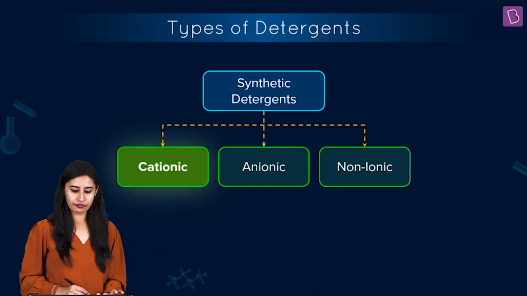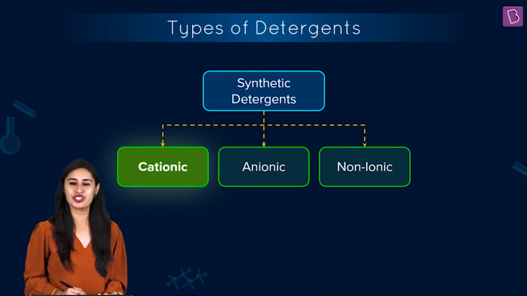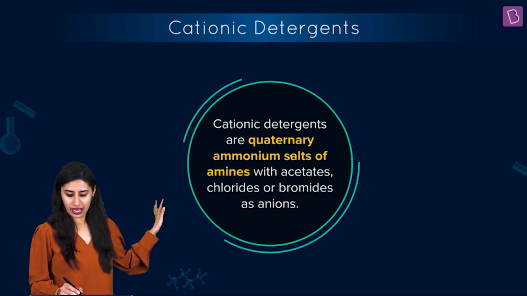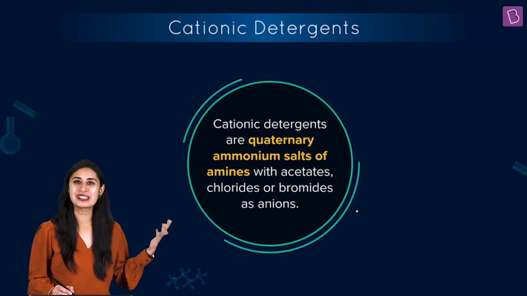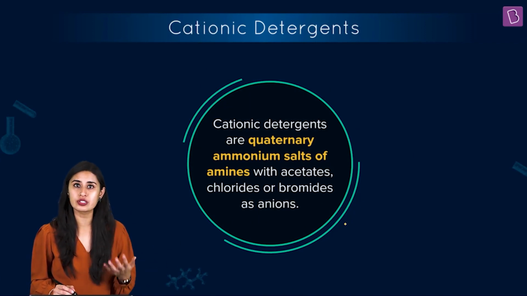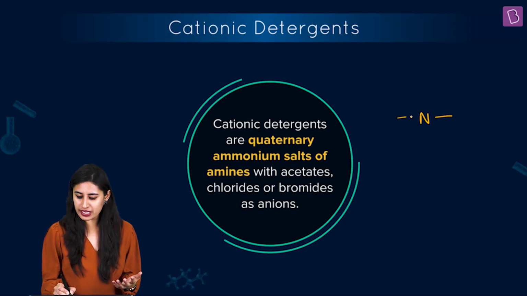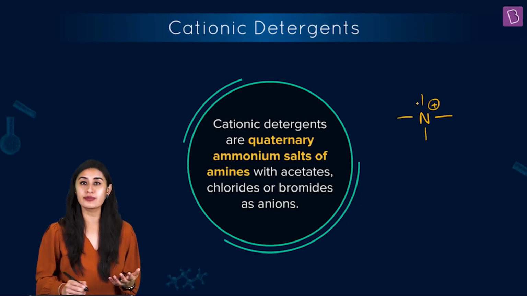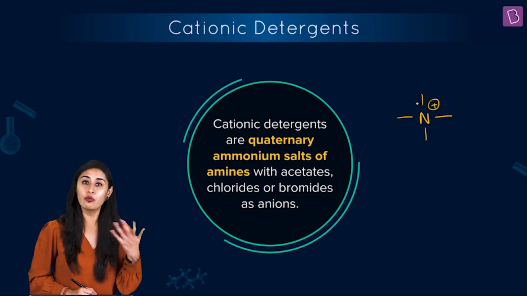Let me start with the first one, which is a part of our question, the cationic detergent. Cationic detergents are quaternary ammonium salts. And the moment you know it, you know the answer, right? Quaternary ammonium salts. Whenever nitrogen is making 4 bonds, a plus comes over it. Ammonium salt.